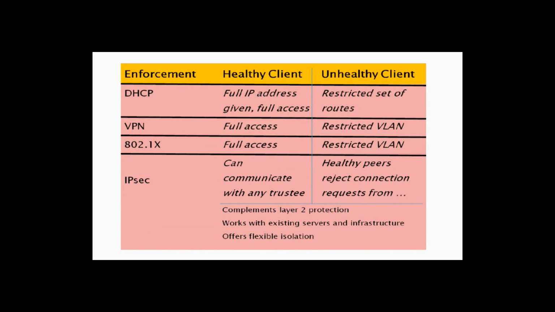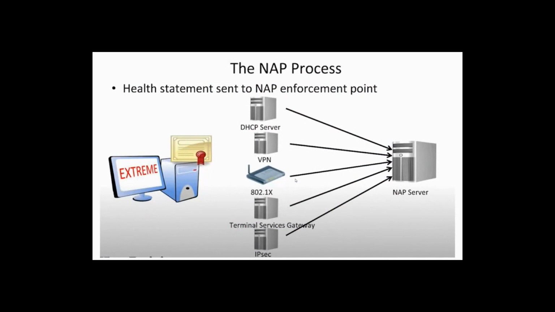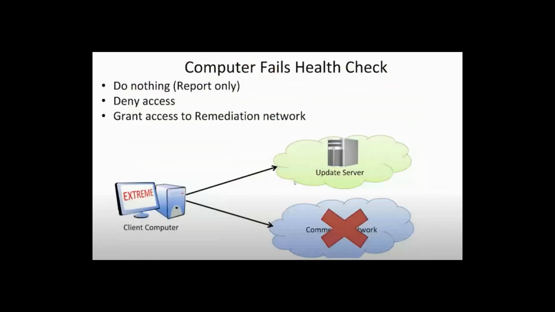While in IP security, an unhealthy client will be rejected and will not be allowed to enter the internal network. So we don't have any kind of remediation or quarantine in IP security. Right. So we are done with these four or five types of NAP enforcement and what they should do.